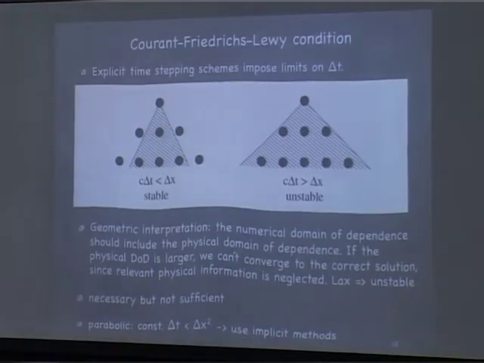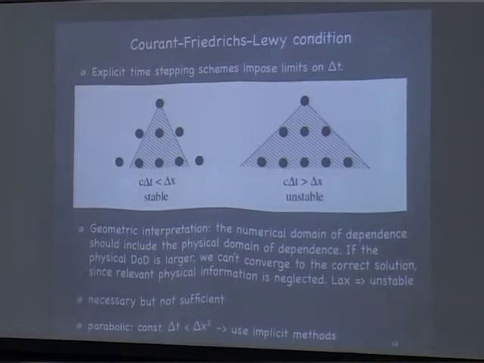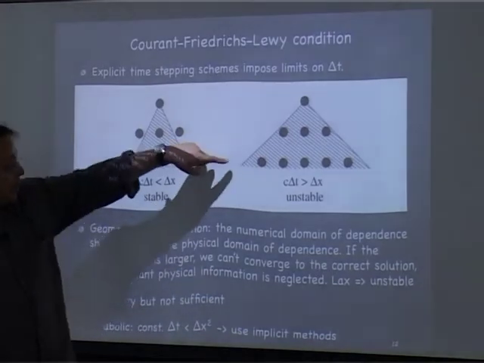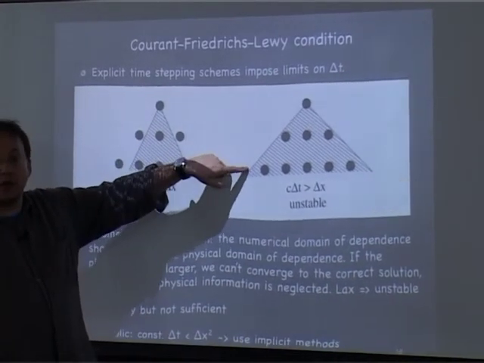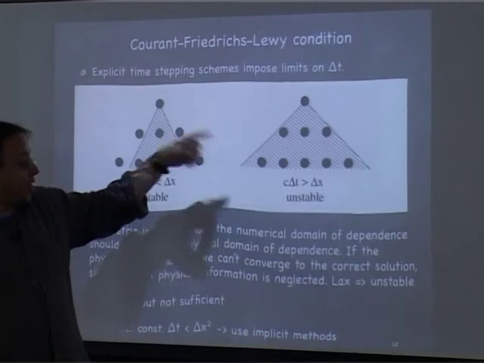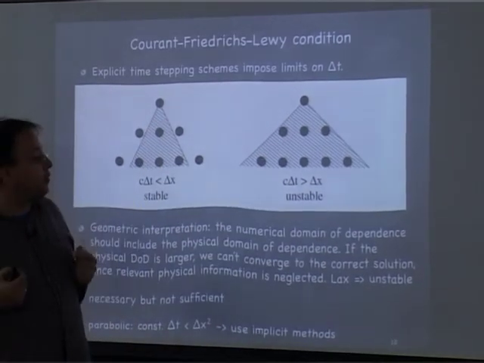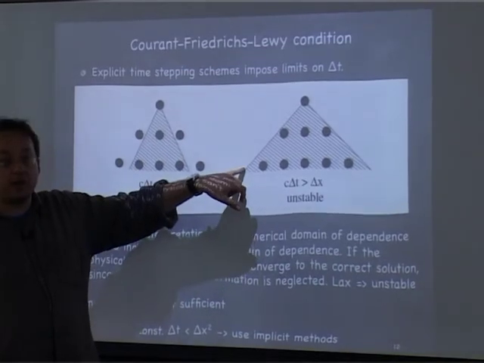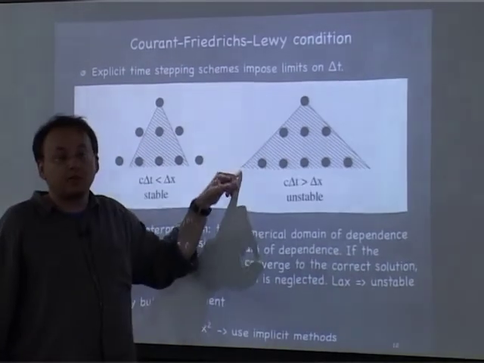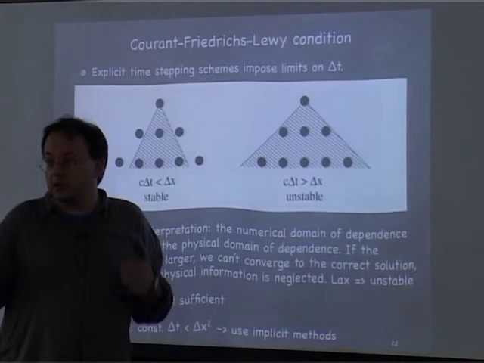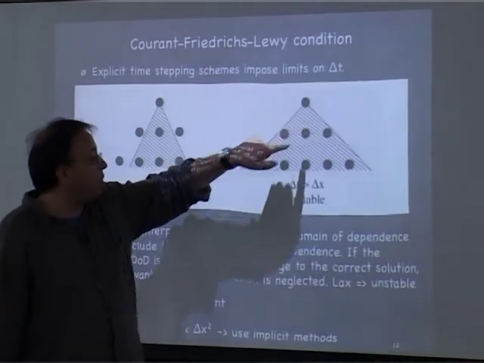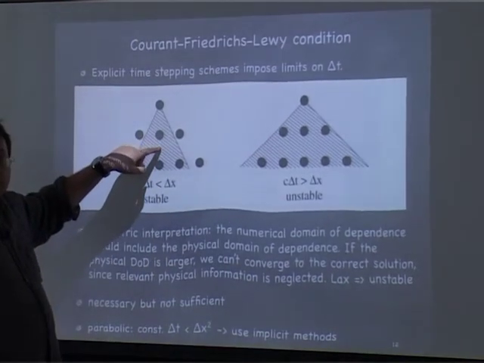So what this means is that we simply cannot converge to the correct solution because we're just neglecting some relevant physical information. We cannot reproduce the correct physical solution because we just have thrown away this information. Maybe this information changes this value, but we just kick it out. This is not logically consistent.